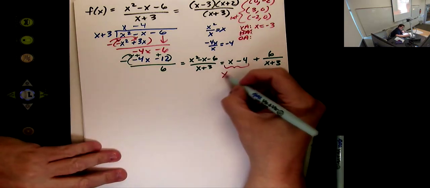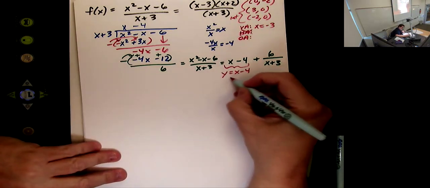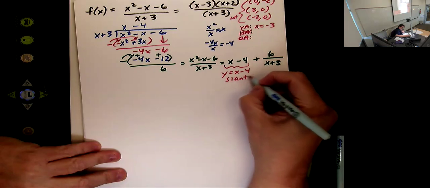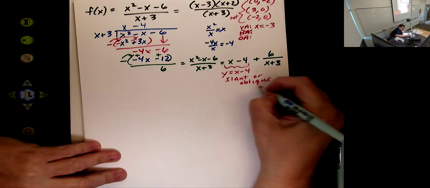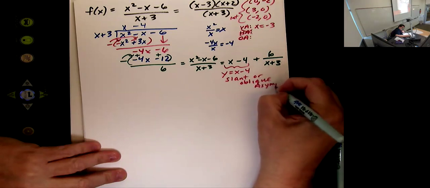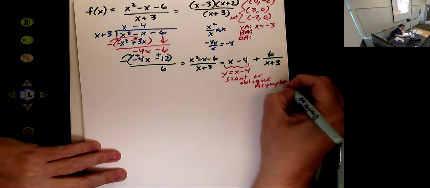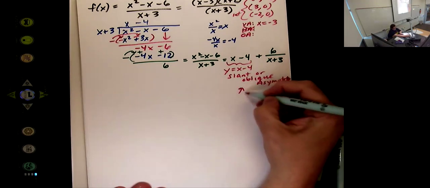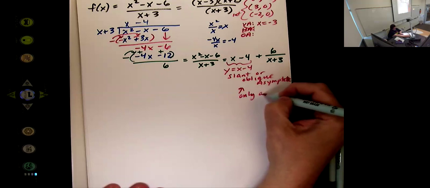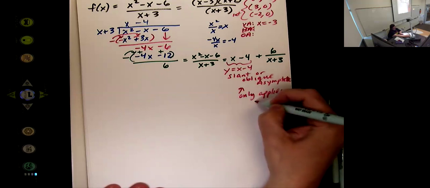This is our slant or oblique asymptote. Does the remainder affect that? No, because just like horizontal asymptotes, it only applies as x goes to infinity.